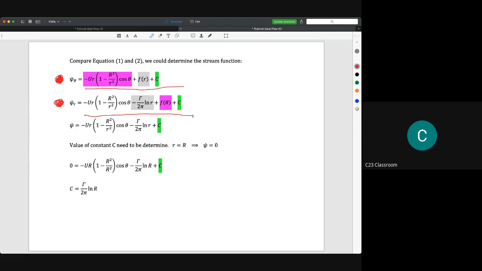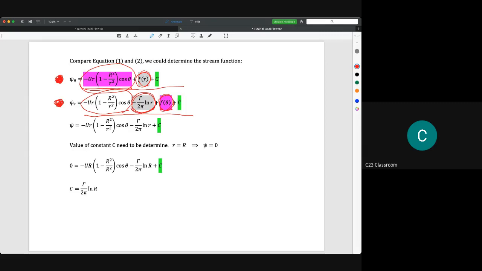Then you will find that this term actually reflects this one. It also appears at this one. And the f(r) here may reflect the value of r at this term.